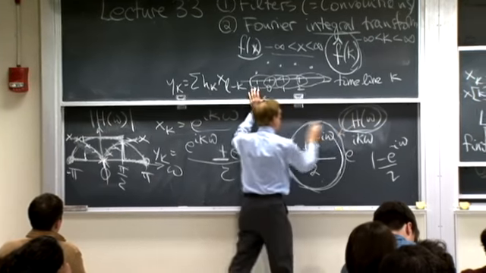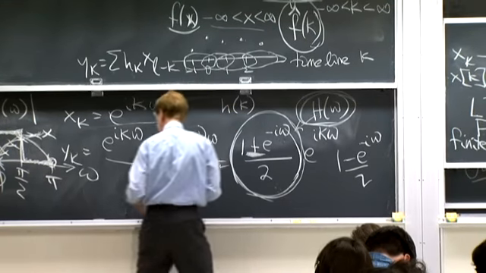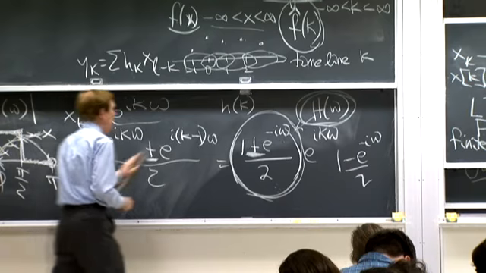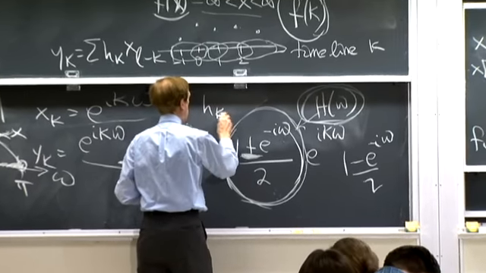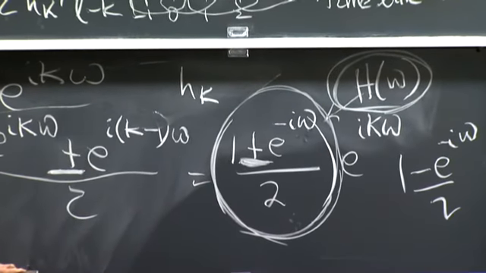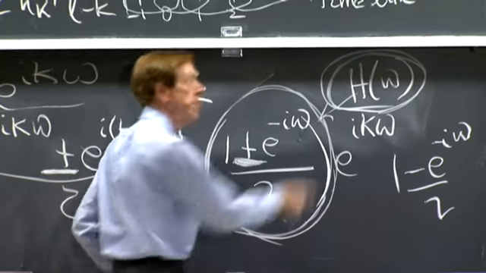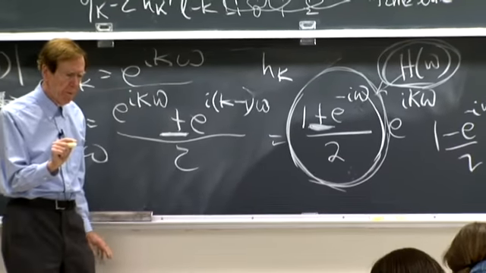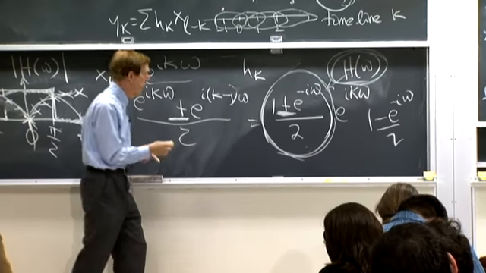And then the other final thing I'll say about filters is this: what's the connection between h of omega and h of k, or h sub k? What's the connection between the numbers in the impulse response, which were the h's, and the function, which is the frequency response, which tells me what happens to a particular frequency?